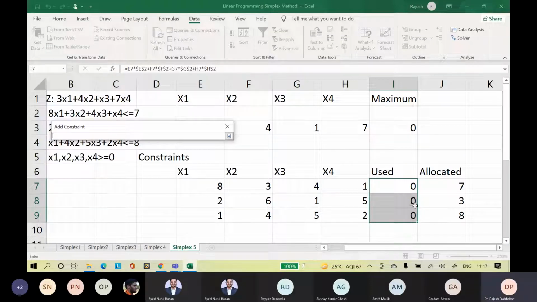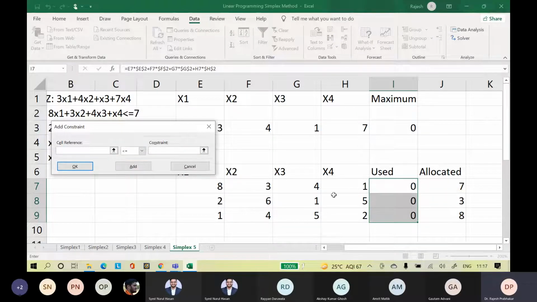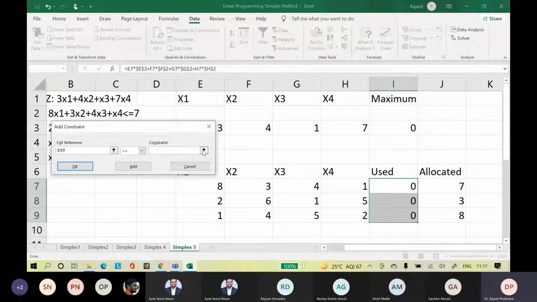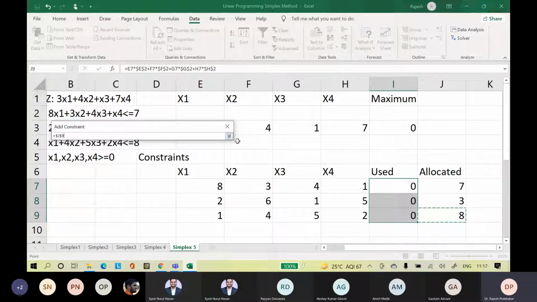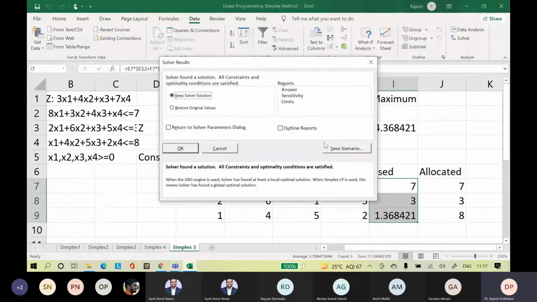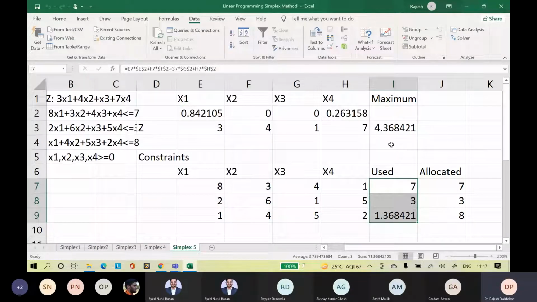Add condition this less than equal to this. Add condition equal to this constraint is this. Click OK. Okay, Simplex LP. So you got 4.368.